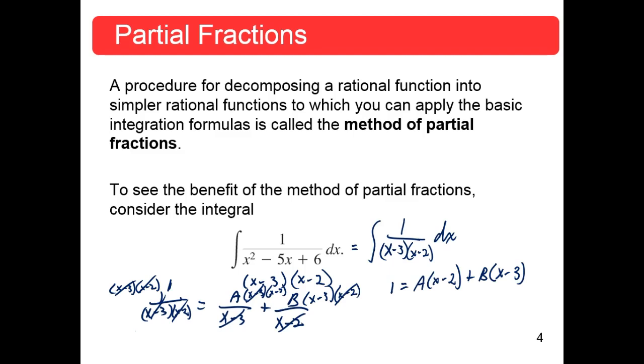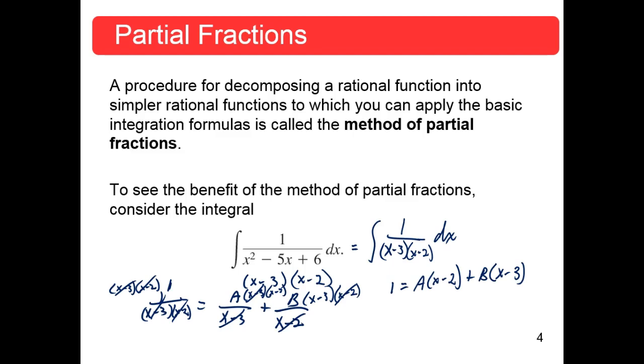So here, I'm going to do something that looks like it's not fair. Let's just imagine that, say, x is equal to 2. Why not? So x equal 2, this goes to 0, right? And there's no x's left over here, so we don't have to mess with anything there.